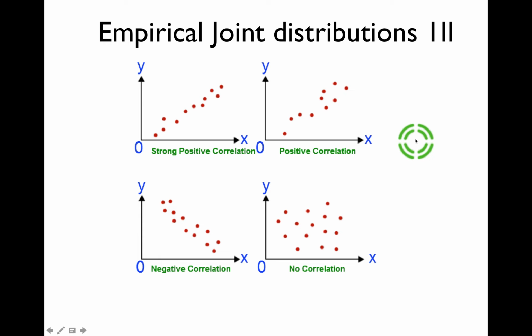Okay, so when we have something that is happening in a continuous distribution, things are even more extreme. Here we have some examples of strong positive correlation, some positive correlation, negative correlation, and this seems like no correlation.